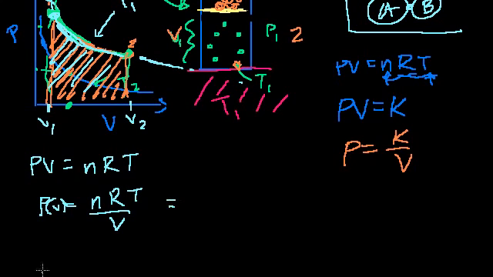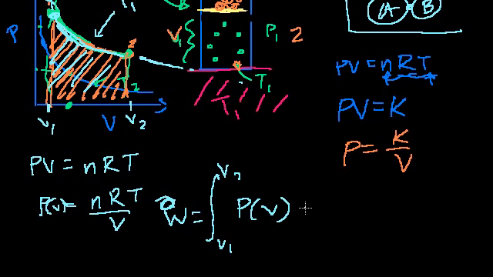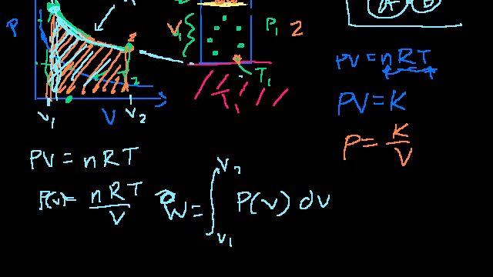So what is that going to be? Well, we're going to integrate from V1 to V2. Actually, that shouldn't be an equal. The work is going to be the integral from V1 to V2 of our function, P as a function of V, times dV. Right? We're summing up all the little rectangles here. We did that a couple of videos ago.